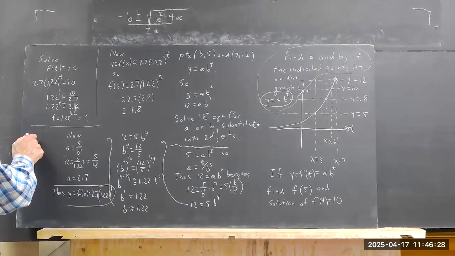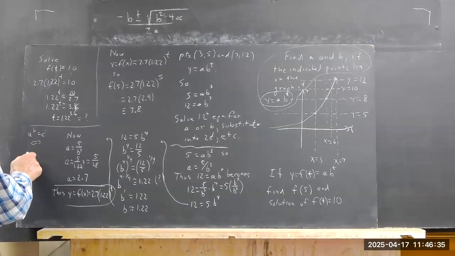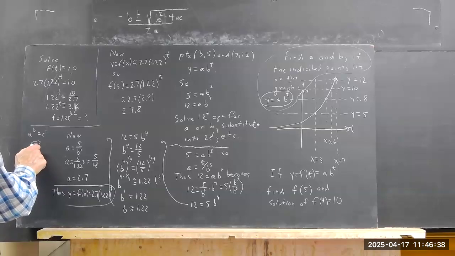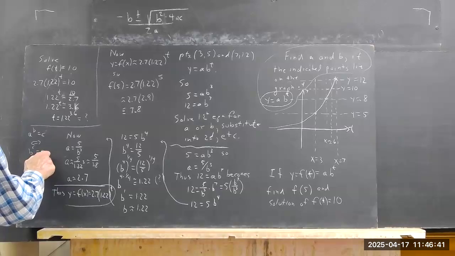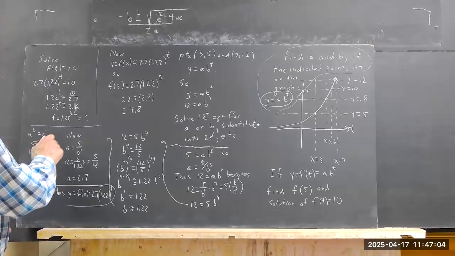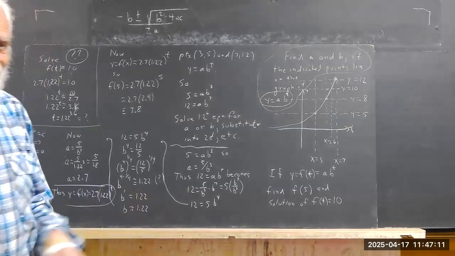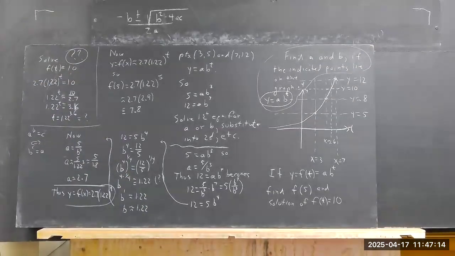A times B to the C equals A. Did I turn it around wrong?